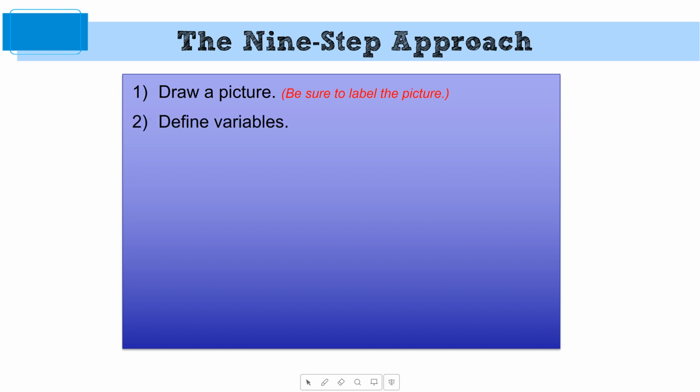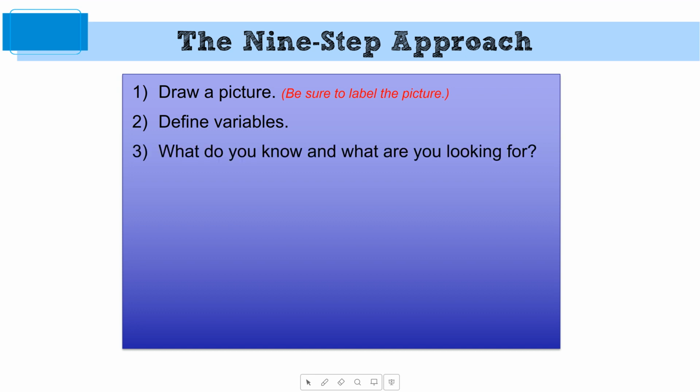Number 2, define the variables. A lot of times in the problem, you'll be able to use whatever variables you want. Some of them will be obvious. The first problem we deal with is inflating a balloon. Most people would choose R to represent the radius. If you don't want to use R, don't use R. You want to use the letters of your name, go ahead. Just make sure you tell the reader, or the grader, or whoever, what those letters represent.